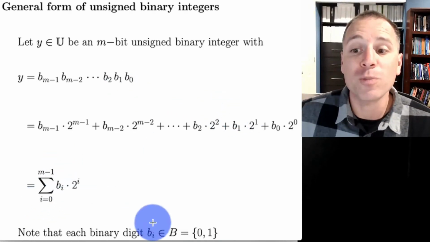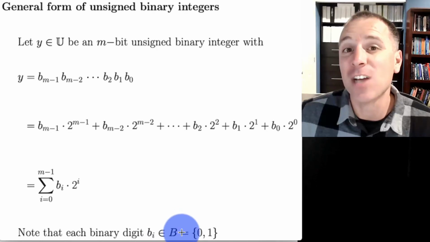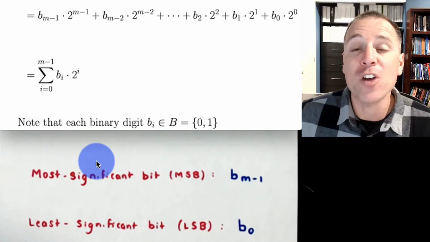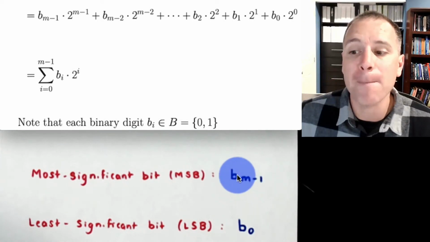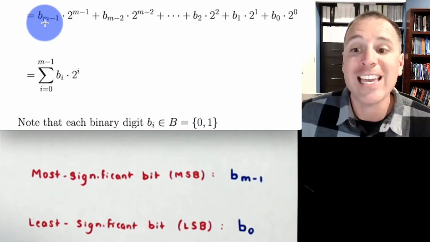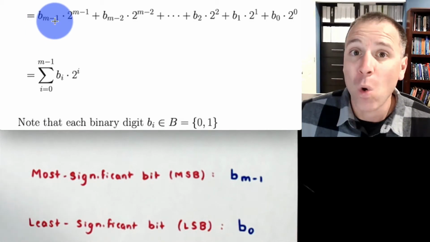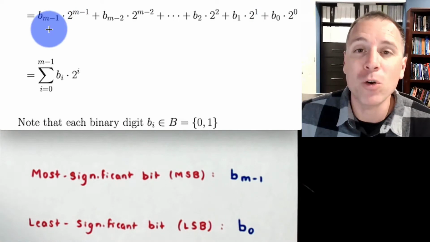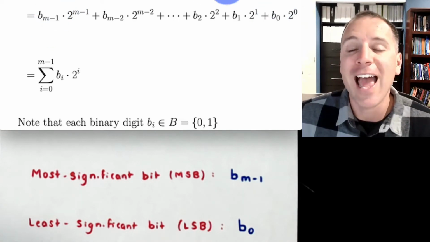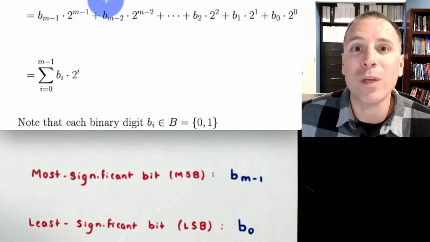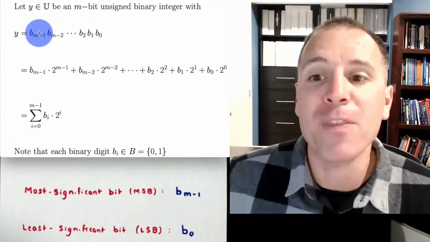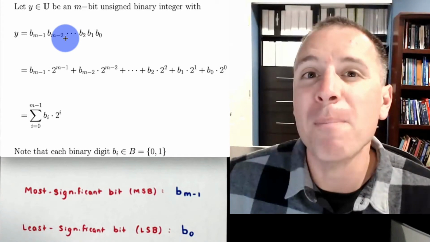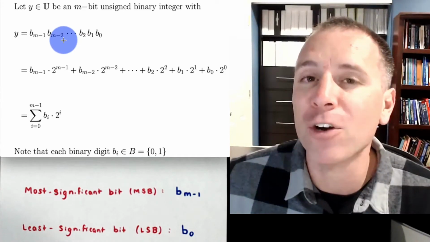We said that each of those binary digits was in the set of binary digits, so it could be either a 0 or 1. And the notation we are introducing here is b sub m minus 1 is the most significant bit, while b sub 0 is the least significant bit. This idea of most significant and least significant has to do with what happens when we make errors. Imagine that this number represented money in your bank, and ask yourself which would be most significant if your banker made a mistake.